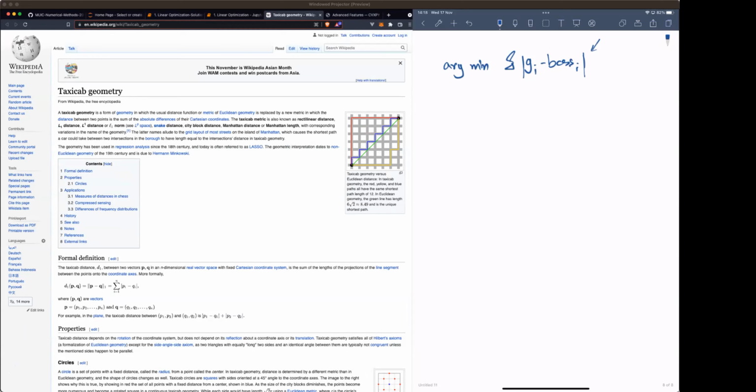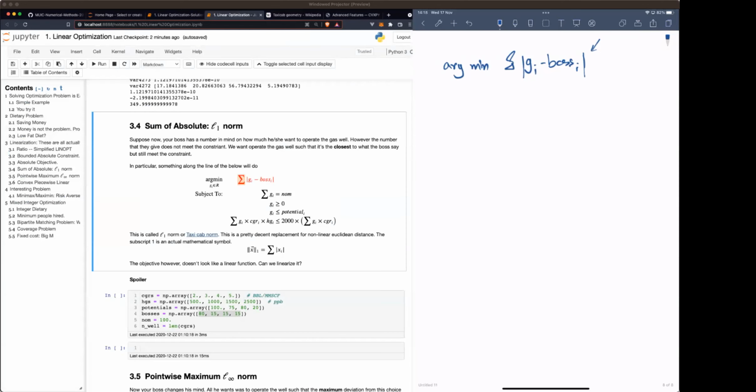So the red, the blue, and the yellow, if you add up all the lengths, they are exactly the same. That's why they call it the taxicab norm. It actually satisfies all the norm properties, right? If you learned linear algebra before, there's a definition of the norm that it needs to satisfy. It actually satisfies every one of those. Anyone have a good idea how to make this guy linear?